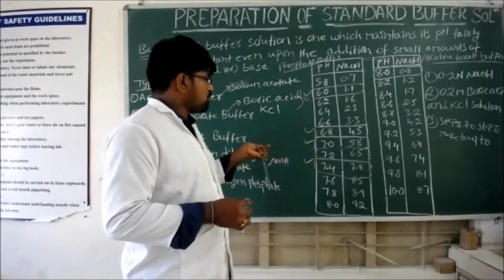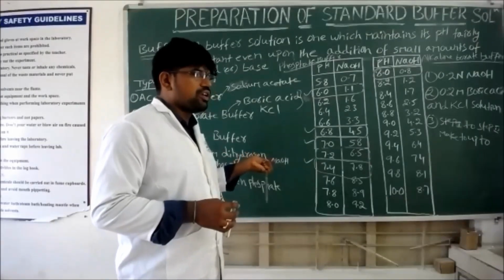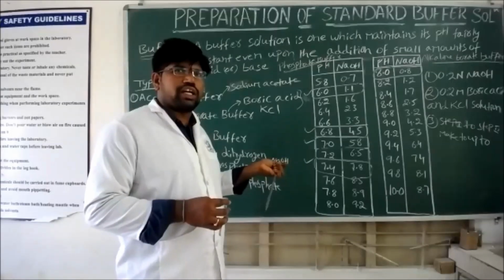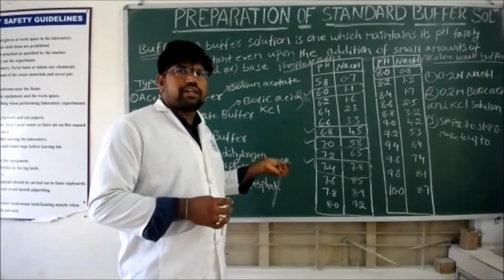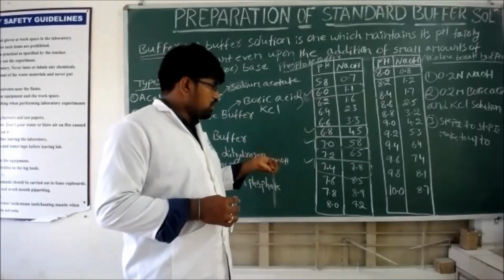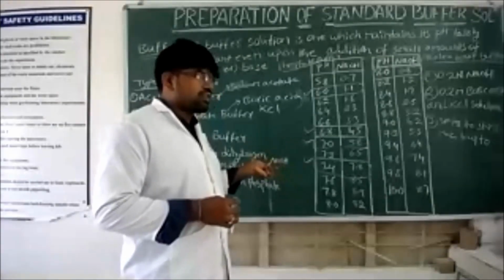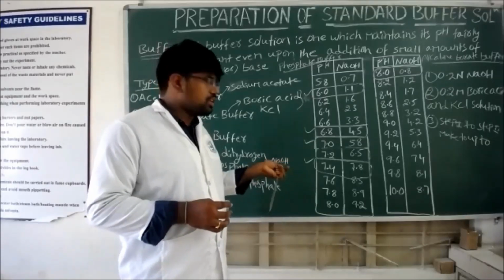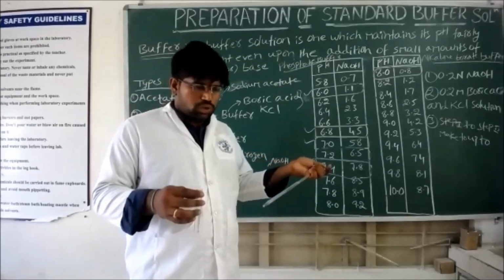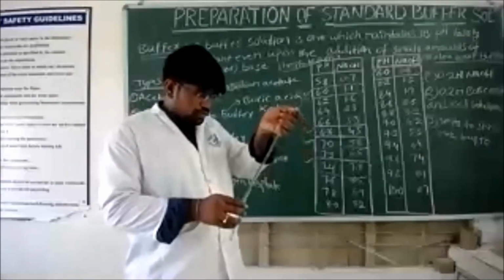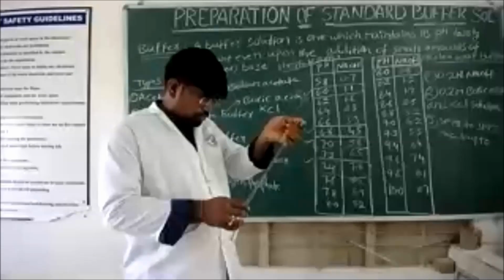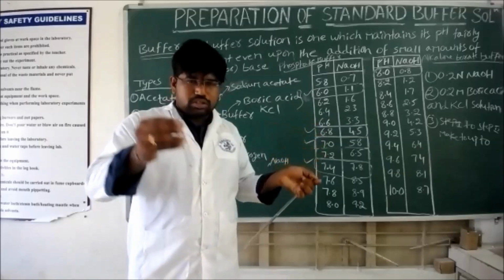Now regarding the preparation of pH 7.0 and 7.4. Take 2 ml of the 0.2 molar potassium dihydrogen phosphate and add 5.8 ml of 0.2 normal sodium hydroxide to make pH 7. If you want to make pH 7.4, add 7.8 ml of the 0.2 normal sodium hydroxide solution.